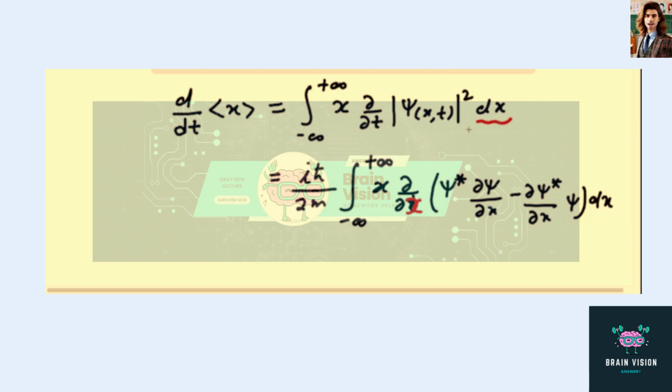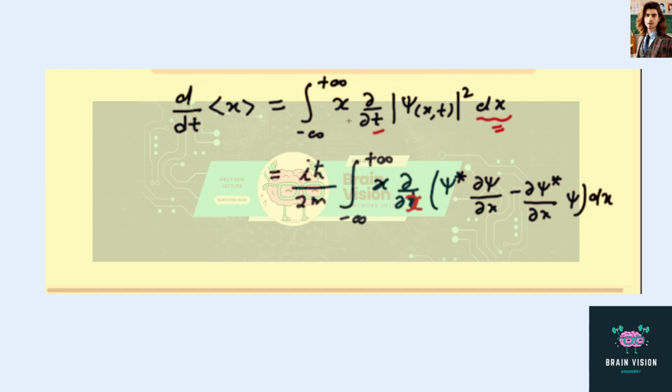We cannot do this by parts, because the integration dx and the derivative ∂/∂t are taken with respect to different variables. If we did it by parts, it would be x ∂/∂t, which we cannot do, because it is a time derivative. So we cannot integrate by parts here.